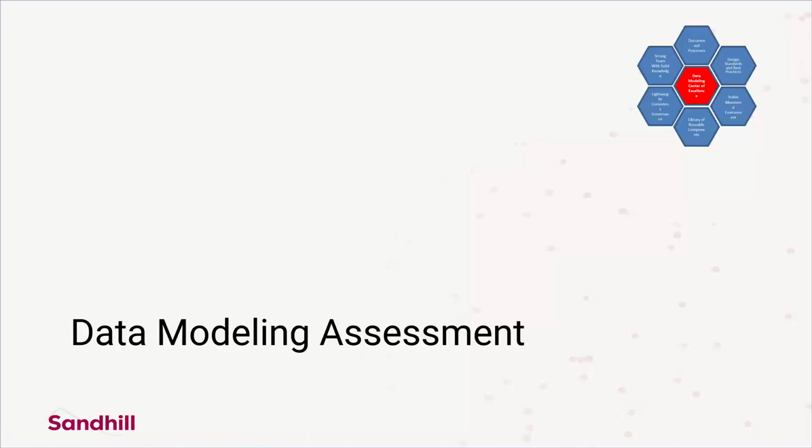Thanks, Kevin. So up to this point, we have taken a look at these different areas of a data modeling center of excellence. And by data modeling center of excellence, what we're really talking about is adding just a bit of formality to how you approach data modeling, instead of just saying, well, we have to make a data model because we are building a new database, but not having any consistent way in which you approach it.